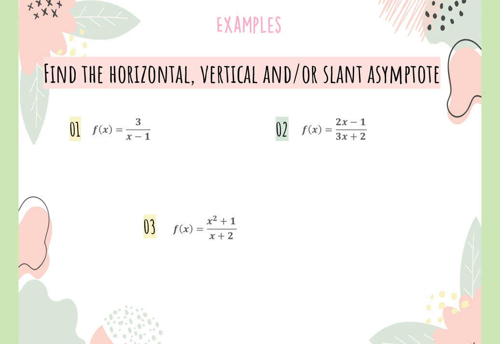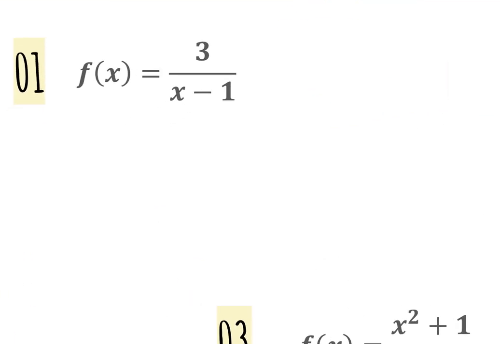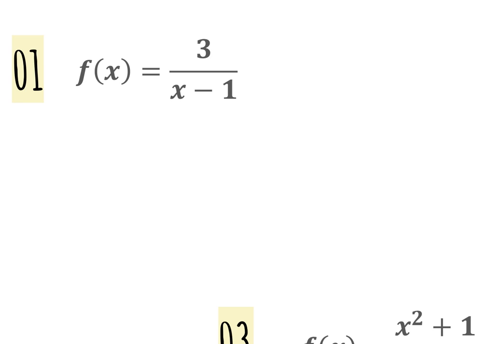So I always start with vertical. I know the instructions say horizontal, but I always start with the vertical. So for the vertical, we set the denominator equal to 0. That's how we find it. Before we do that, we're going to check for holes though, because that impacts all of it. So if I look at number 1, can I factor the numerator or the denominator? No. Can I cancel anything out?